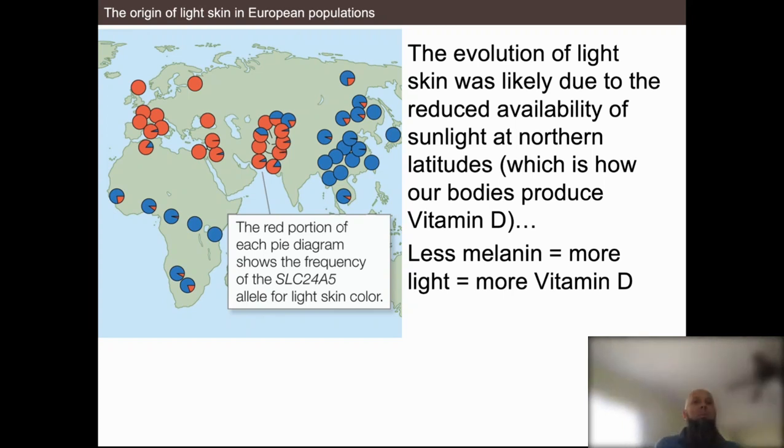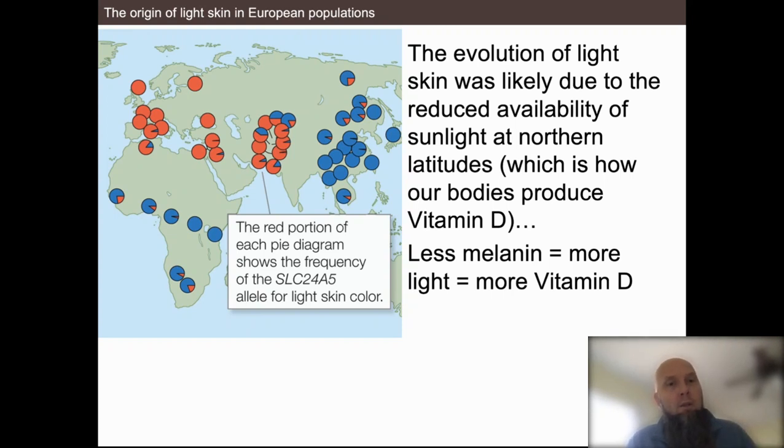And so it probably won't surprise you to learn that in these regions, where populations do need and actually have a mutation that allows them to access more sunlight because their skin is lighter, it's a completely different mutation that allows those individuals to have lighter skin so that they can absorb and process more sunlight and produce more vitamin D, okay?